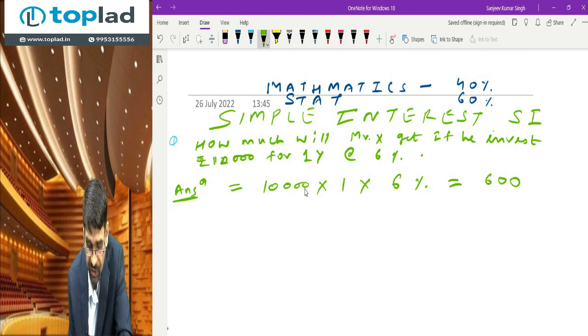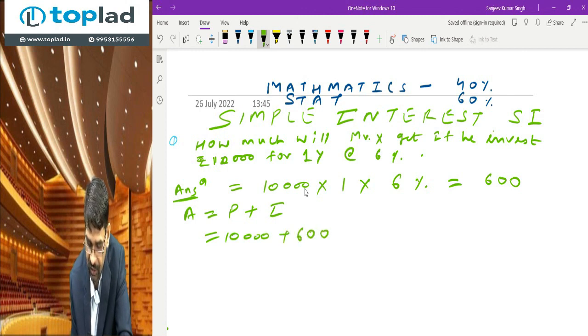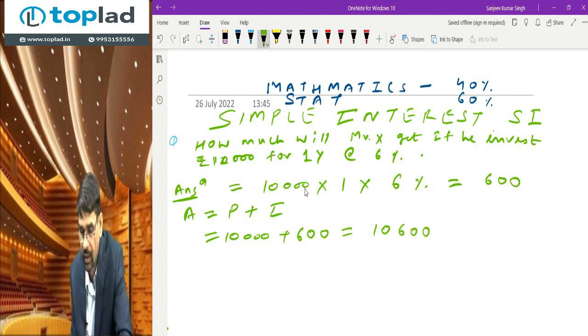So how much will Mr. X get? You remember, A is equal to P plus I. Principal is 10,000. Interest is 600. The total amount Mr. X will get is 10,600.